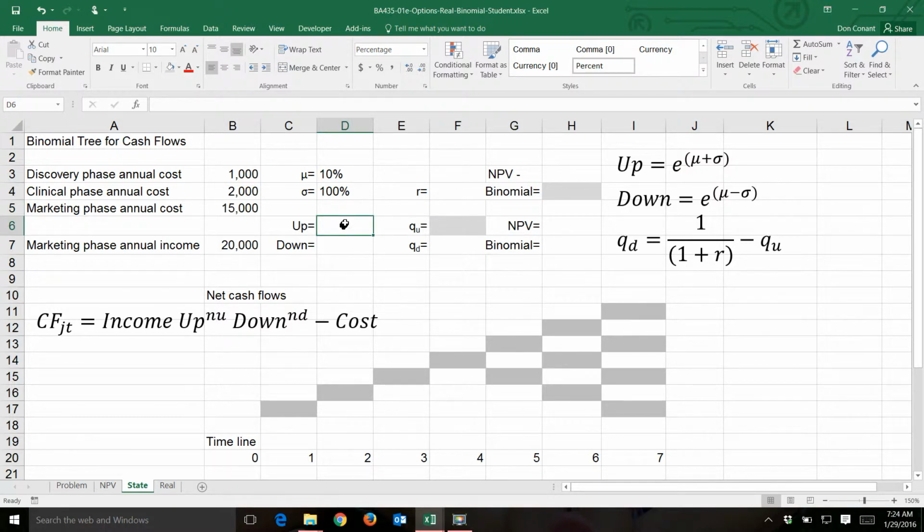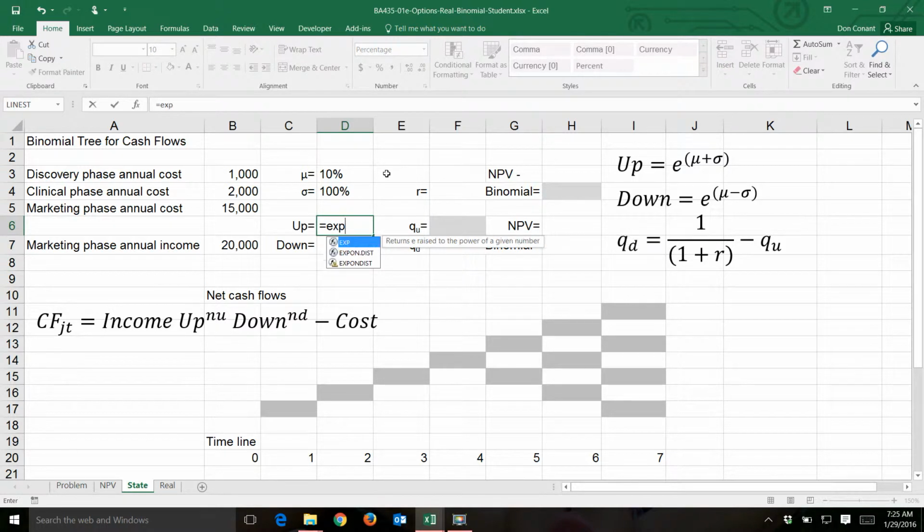Here we can calculate the up state and the down state. We see the formulas for these here. We're going to use the EXP function in Excel. There are 2 ways to do it. So far, you are familiar with using EXP to find the value of E, which is in this equation. So we can do it the way we have been doing it.